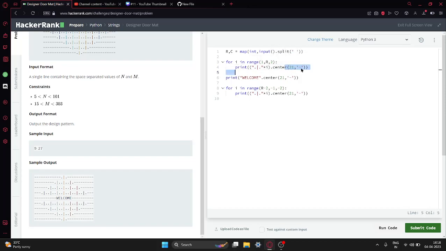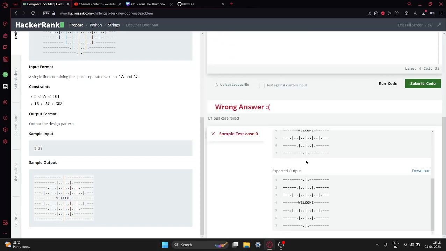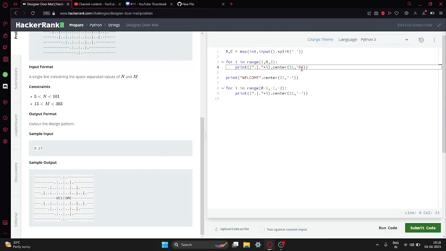Here center of 21 with dash expresses the center, which means everything except the center is simply filled with dashes. If you want, we can keep any character, for example 0, and it can be in that way also.